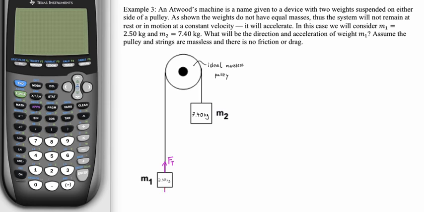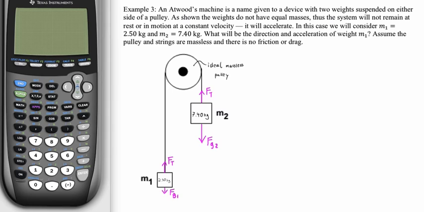Actually, no, here, I'll make it like this. Okay, and that is F sub G1. Okay, and then we have a tension force here as well, and a downward force like so. Okay, and that one is F G2.